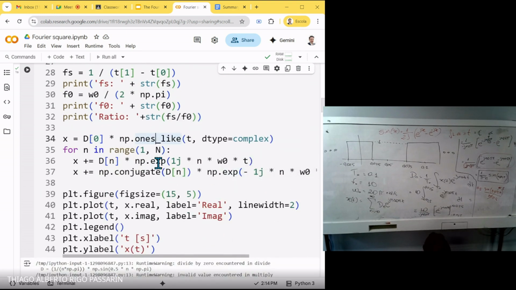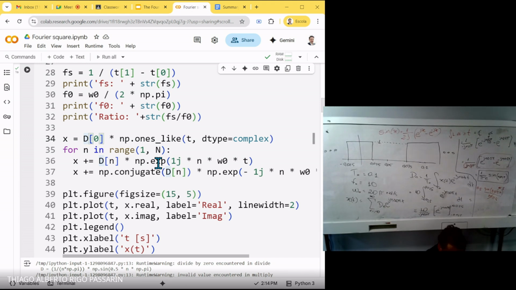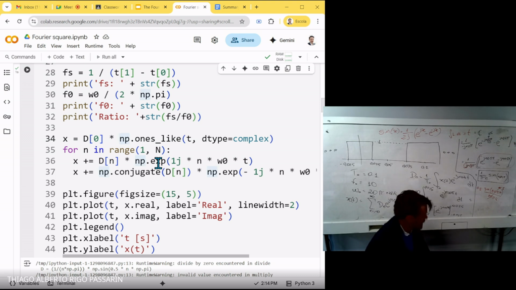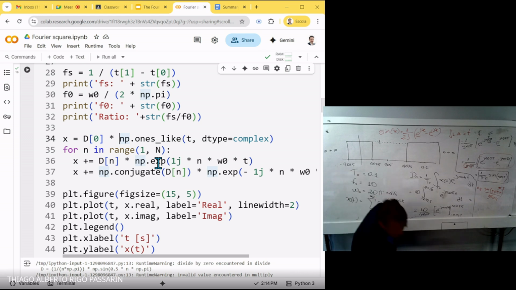Then here I do the summing of the Fourier representation, this sum. So x of t will be d0 times 1, the constant 1, because d0 is the coefficient that multiplies e to the 0, which is 1. And the other ones are dn times the complex exponential. I'm computing the values of d only for non-negative values.